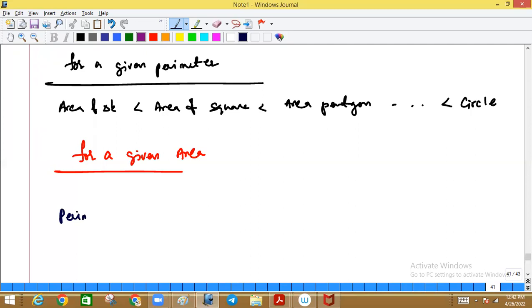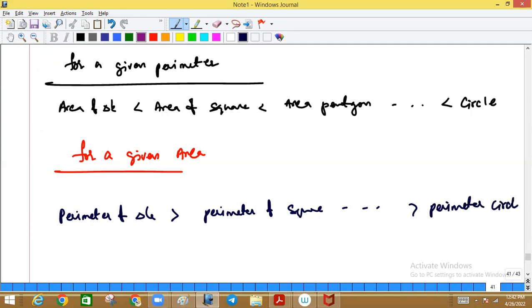Perimeter of triangle is always greater than perimeter of square and so on. Finally, perimeter of circle.